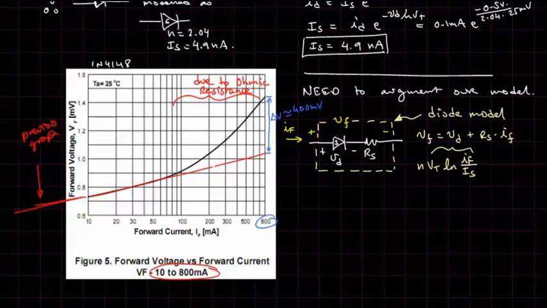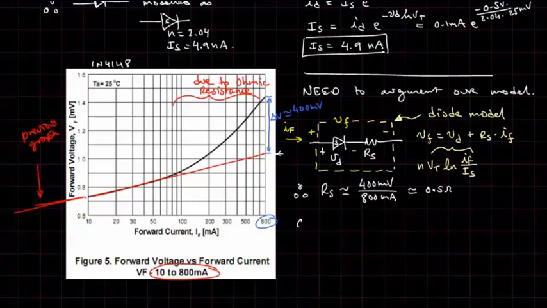The Shockley diode would account for about 1.05 volts right here, out of 800 milliamps. But we have an additional 400. So therefore, we can estimate RS as being approximately 400 millivolts divided by the 800 milliamps that are flowing. So that is about 1/2 of an ohm, 0.5 ohms.